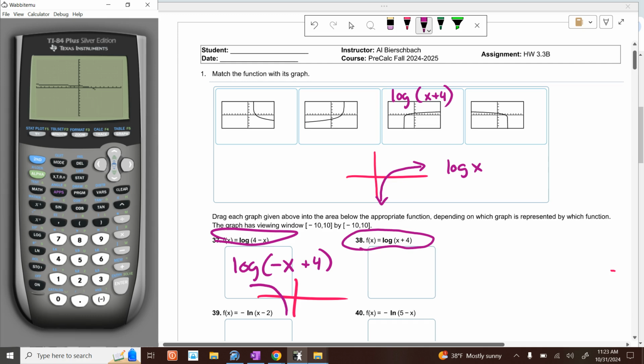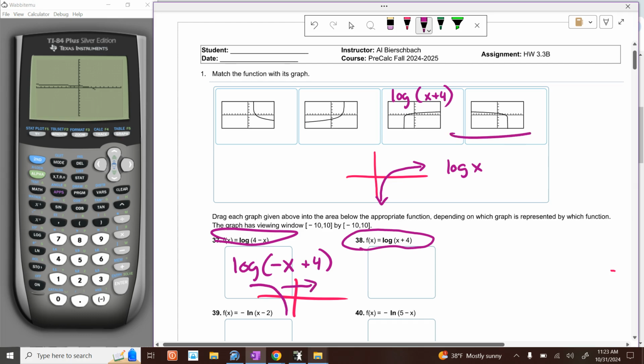Well, that's interesting. So, log of negative x plus 4 then actually moves this 4 to the right, which is this one. It must flip it after we move it. It must move it 4 to the left first and then flip it, which you'd think, well, that's totally backwards because you should do the multiplication, the flipping first, and then moving it 4 to the right.